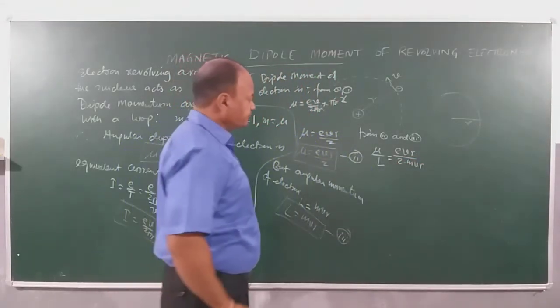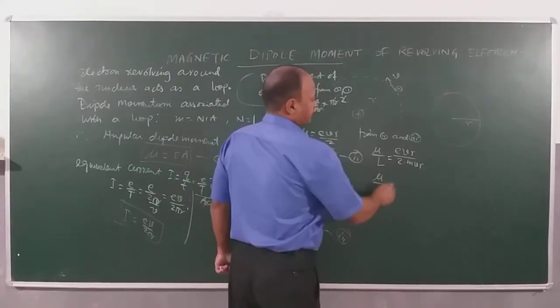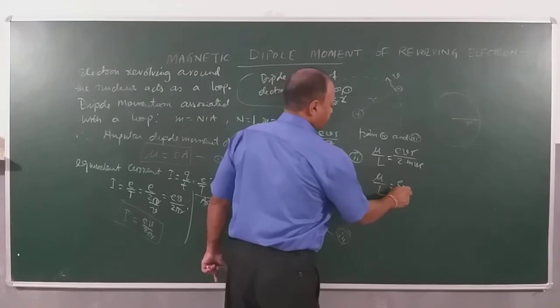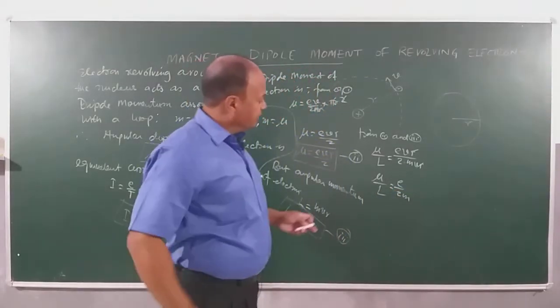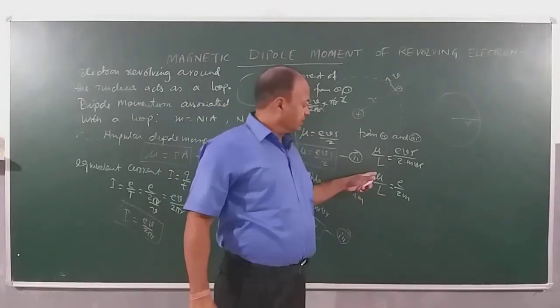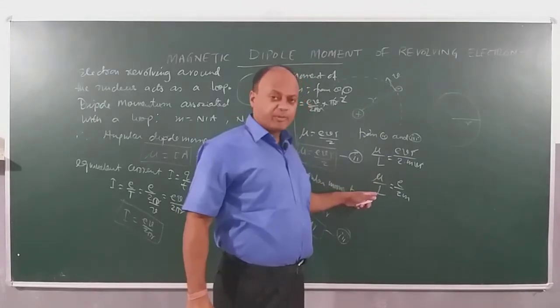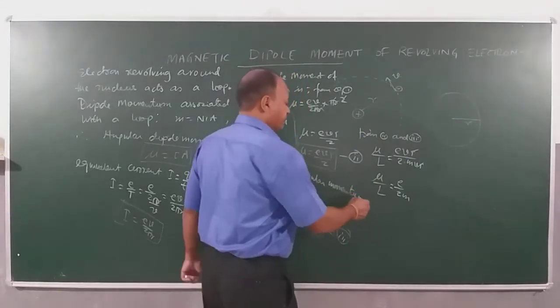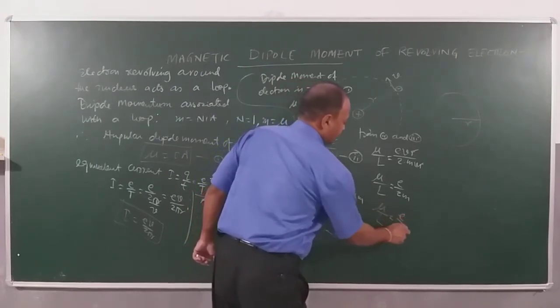Clear? And then we can write mu by L, vr will cancel out, is equal to e by 2m. So the ratio of mu by L, remember mu is what? Angular dipole moment, and this is angular momentum, right? So we got here a very important expression, mu by L equals e by 2m.